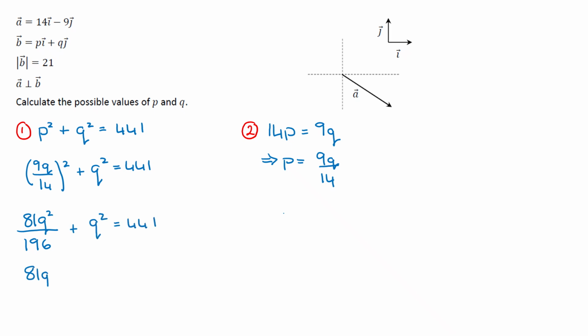So if you want to get rid of that fraction, let's multiply across by 196, and we get 86436. So a very big number. So 81 plus our 196, that gives us 277 q squared, and that equals 86436.